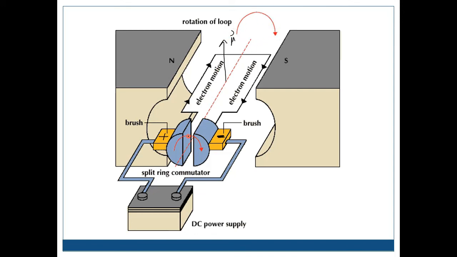Let's see what happens when we rotate the loop. These electrodes will rotate along with the loop. Now, still this end of my loop is touching the plus end of my battery, and this end is still touching the negative end of my battery.